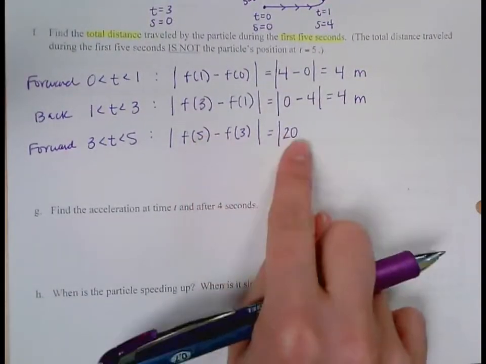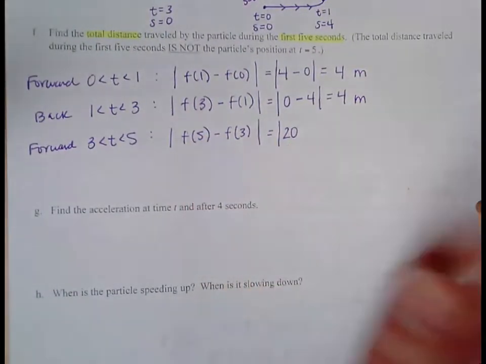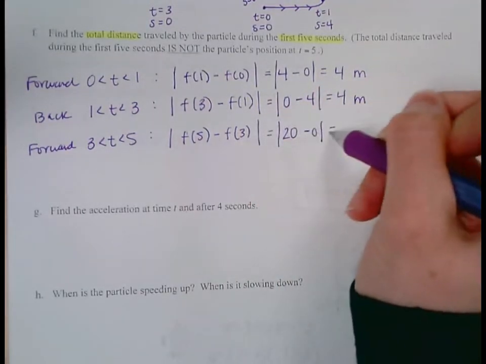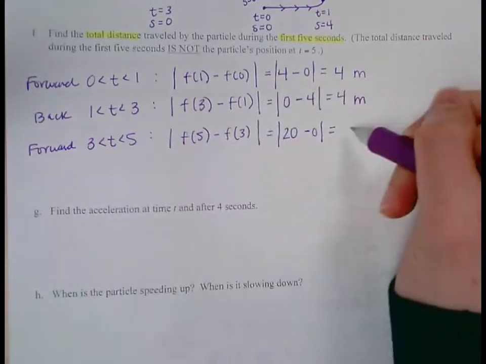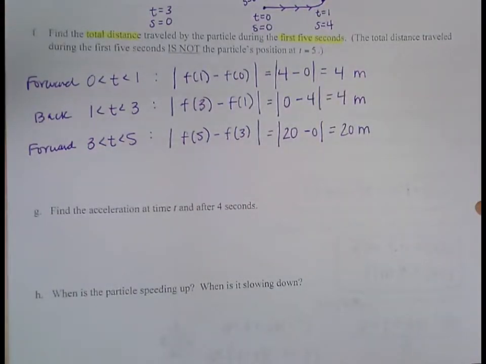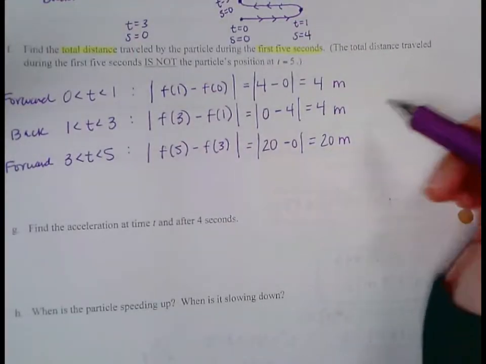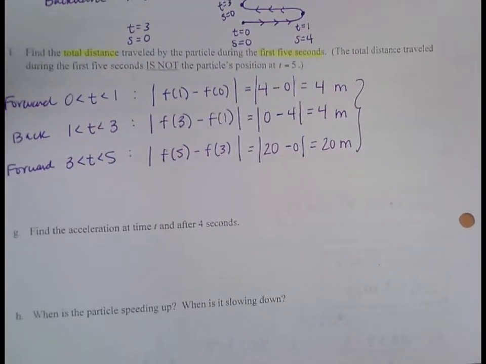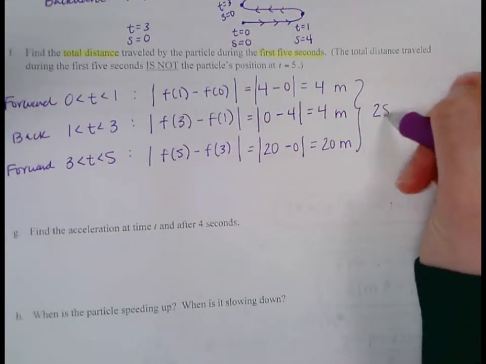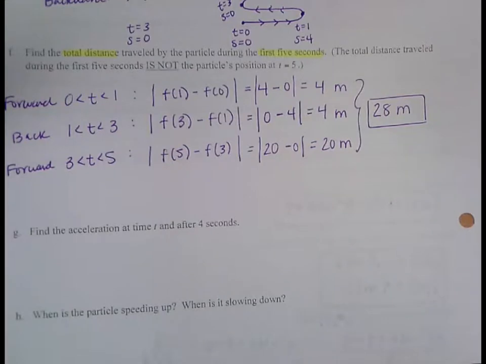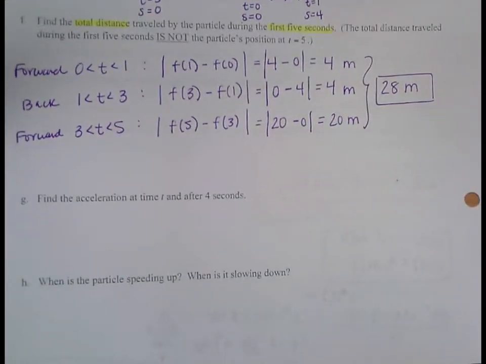So at 5 seconds, it would be at 20 meters, minus at 3 seconds, it was at 0. So in those last 2 seconds, it traveled a distance of 20 meters. So then overall, if we total this, in those first 5 seconds, it has traveled 28 meters. That would be the total distance traveled.